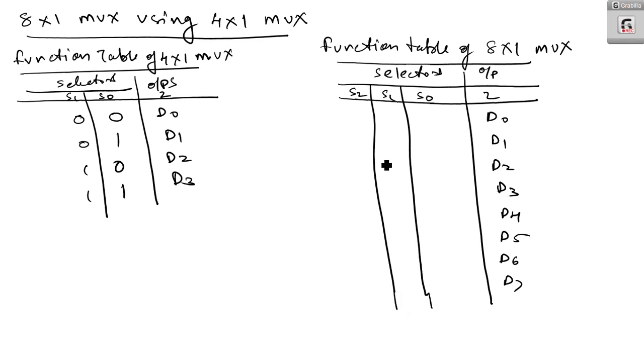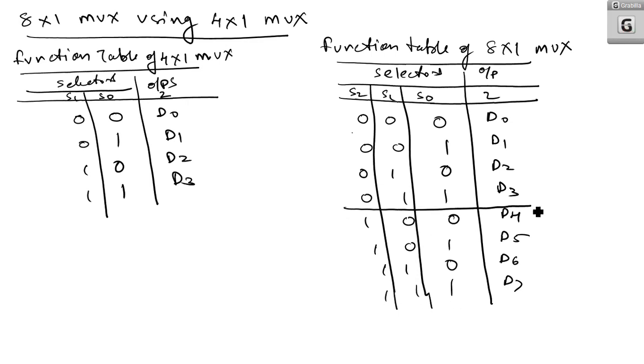Okay. Now this will be 0, 0, 0, 0, 0, 1, 0, 1, 0, 0, 1, 1, 1, 0, 0, that is for D4, 1, 0, 1, D5, D6 is 1, 1, 0 and D7 is 1, 1, 1. Now if I am dividing it into 2 and taking S2 as a common selector, so here what is the value?